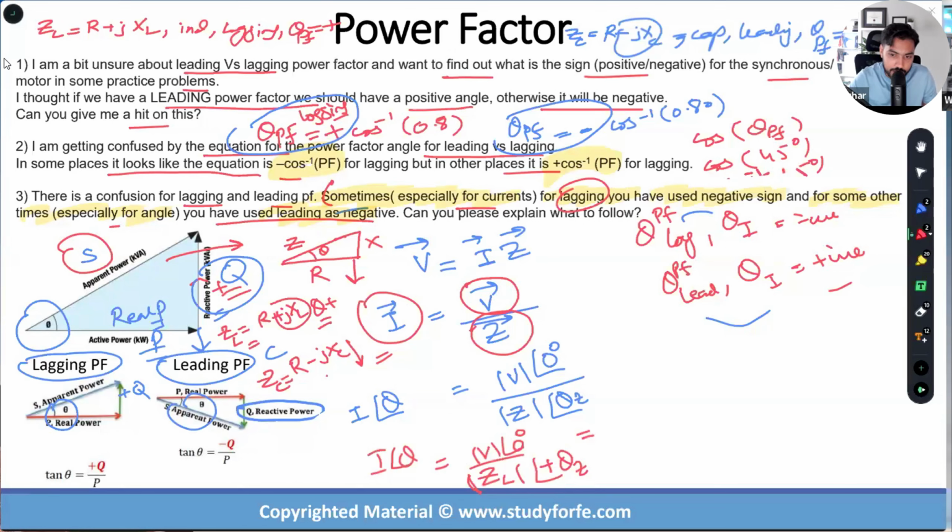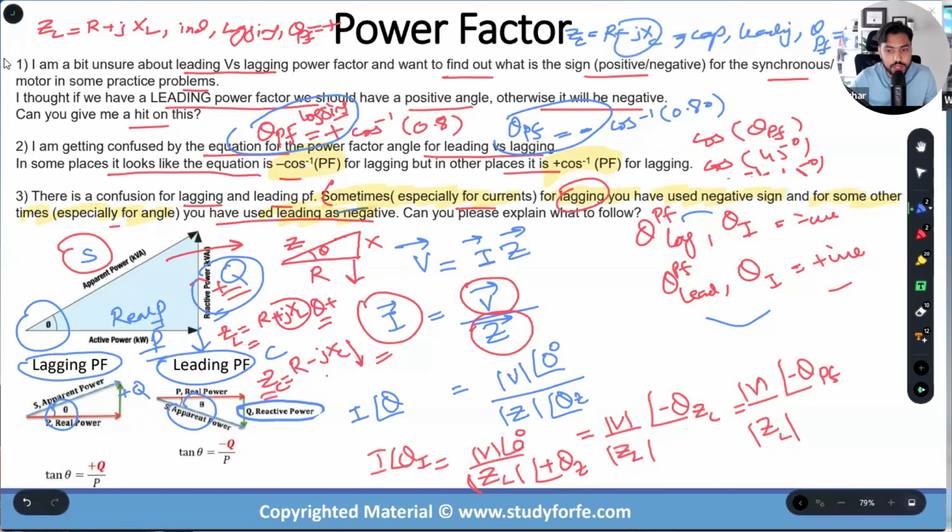Can you guys see that the current, with angle theta I, is going to be V magnitude divided by ZL magnitude, angle minus theta ZL. And this is actually V magnitude divided by ZL magnitude, angle minus theta power factor, because the theta of our impedance is the same as the theta power factor, right?